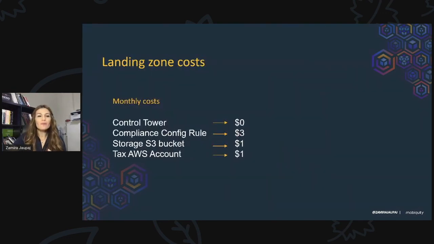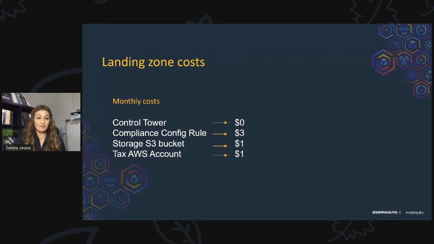And how much will all of this solution cost? This is really a great solution. It gives me the possibility to set up AWS accounts, the rules, everything. Control Tower itself doesn't cost anything, it's $0. And this is, wow, incredible.